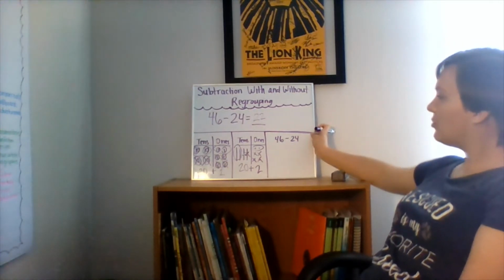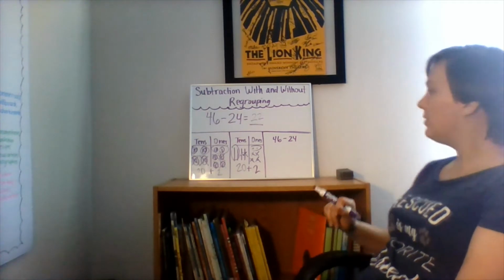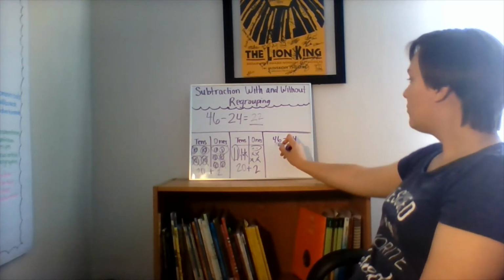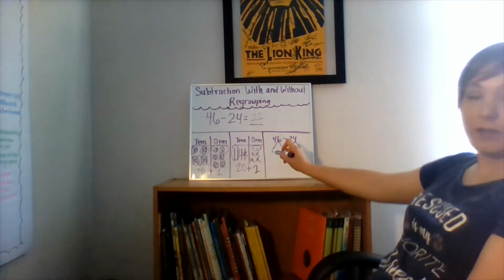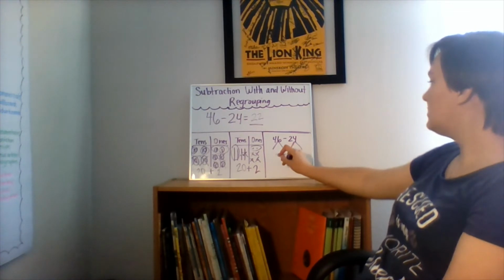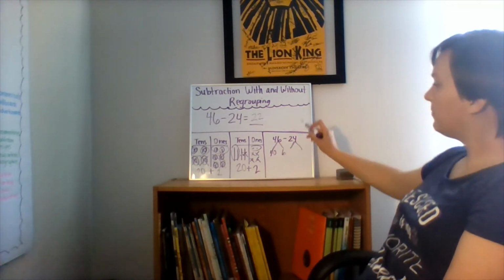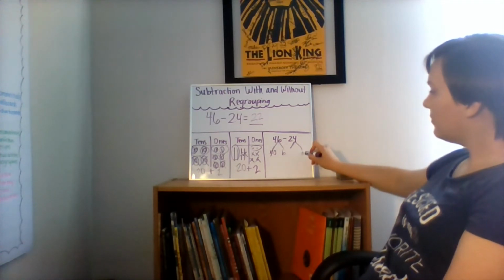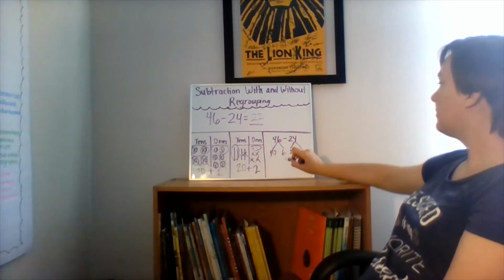Another way that you could subtract, especially when you don't need to regroup, is fairly simple. You break each number down based on its place value. So 46 is equal to 6 ones and the whole number 40, which is 4 tens. 24 breaks down into 4 ones and 2 tens, which is equal to 20.